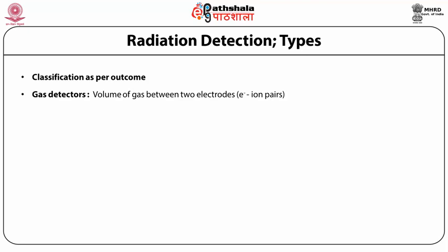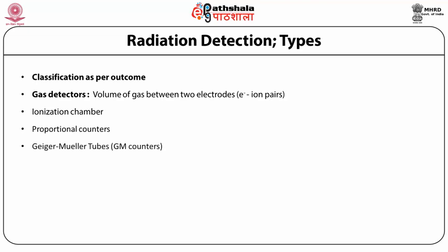The examples of such kind of gas detectors are ionization chamber, proportional counter, and Geiger-Müller tubes, which are commonly known as GM counters. Another category of detectors are the scintillation detectors.